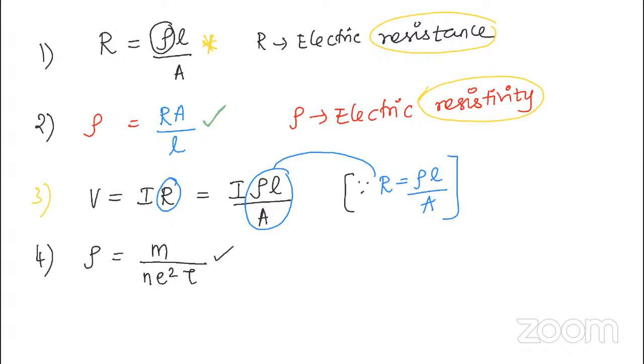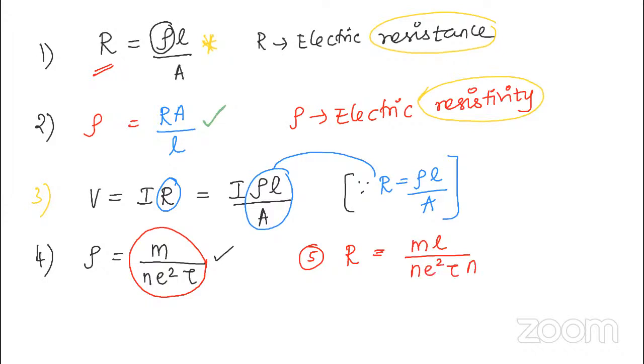This is also a formula. Then there is one more, the fifth formula, for R. If we substitute the rho value from the fourth expression into the first expression, we get R equals m into L divided by n e square tau into A. So these five expressions are very, very important for solving problems.